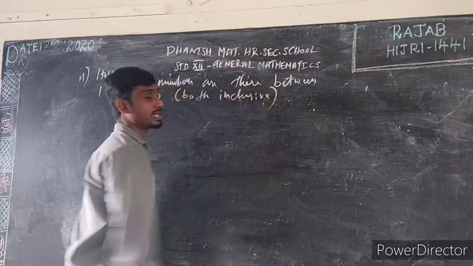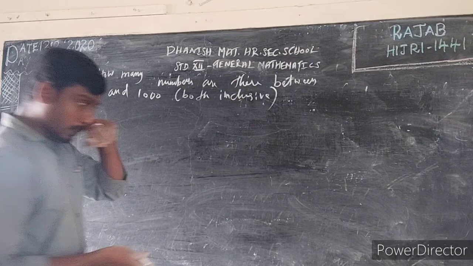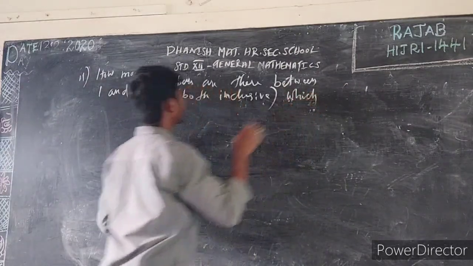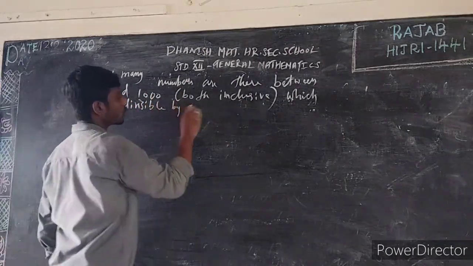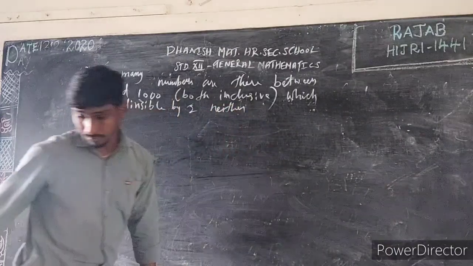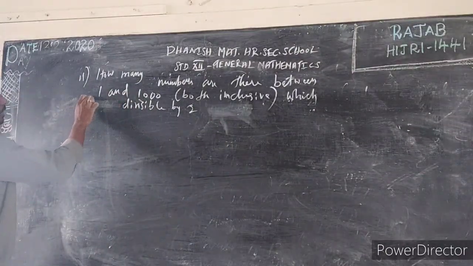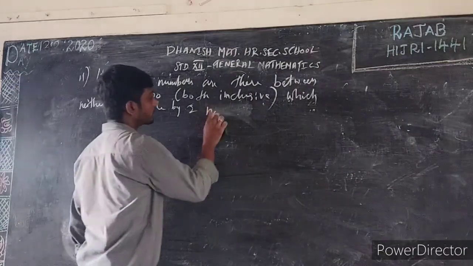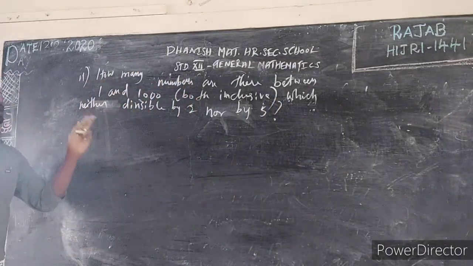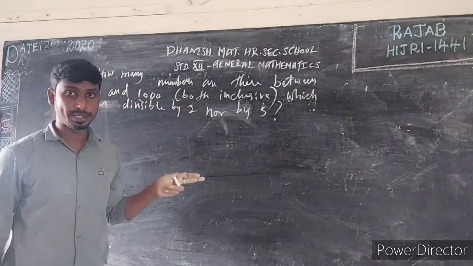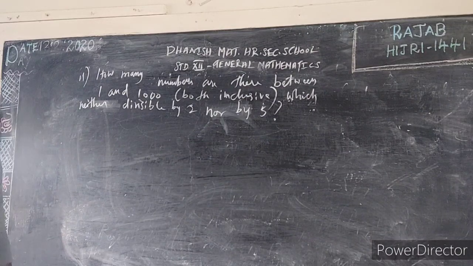Both inclusive means 1 and 1000 are included here. We want the numbers which are neither divisible by 2 nor by 5.